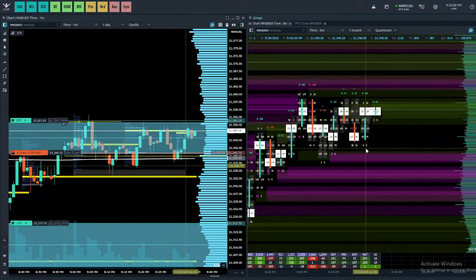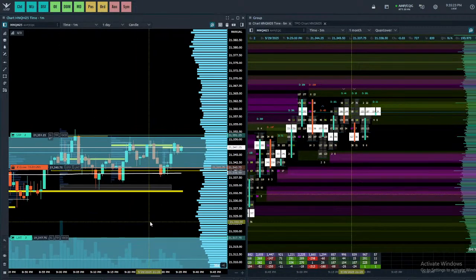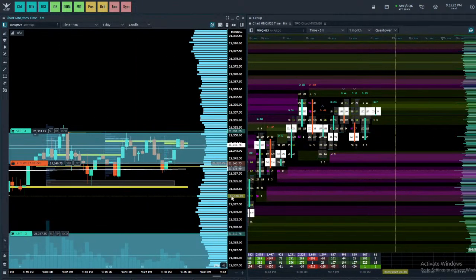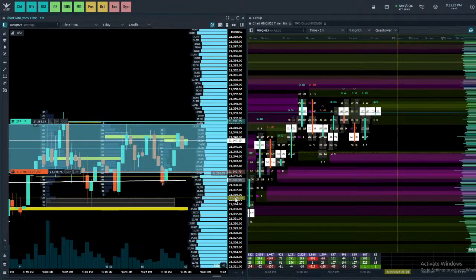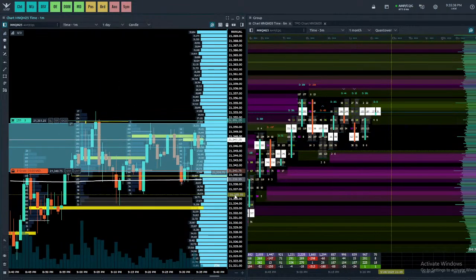I keep thinking I saw it on my lower time frames, and that's my problem. All my volume profile is the 15 minute, so I don't understand why I'm not confirming with my higher time frame. It's like you think you see a setup and you just enter the setup. Just confirm it first.